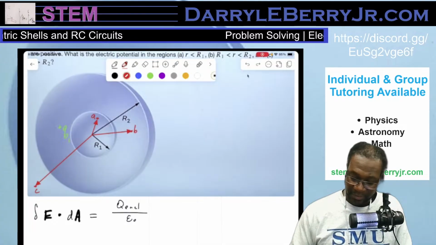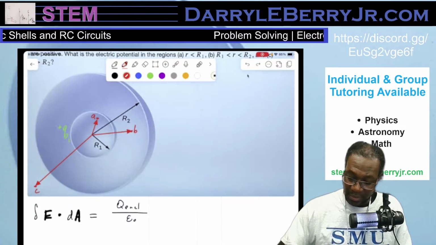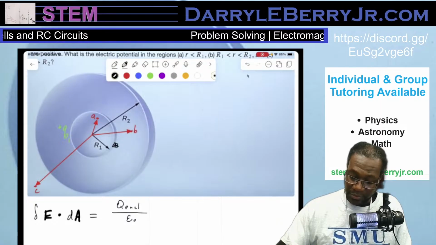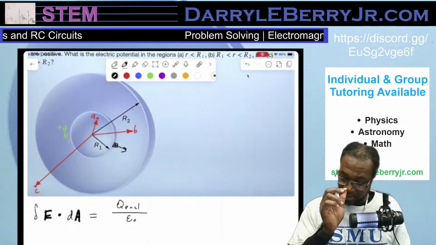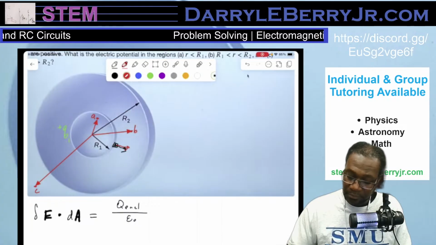So that means that the surface area that is emanating from, the little bitty dA right here, and the electric field, the angle between these two is going to be 0.